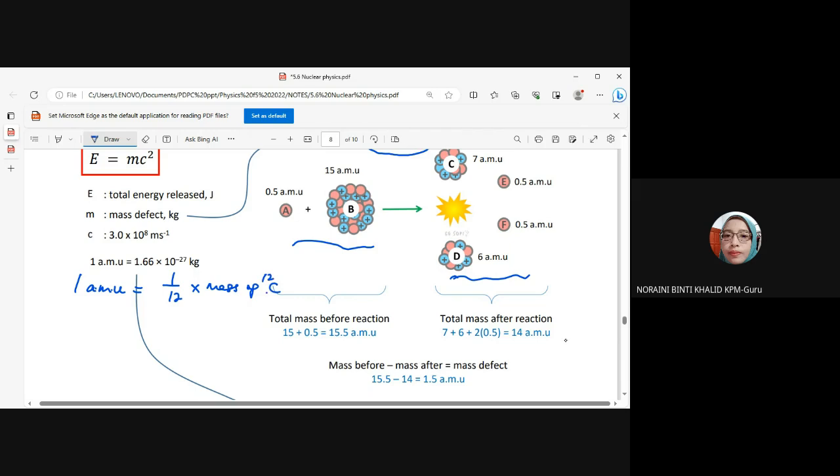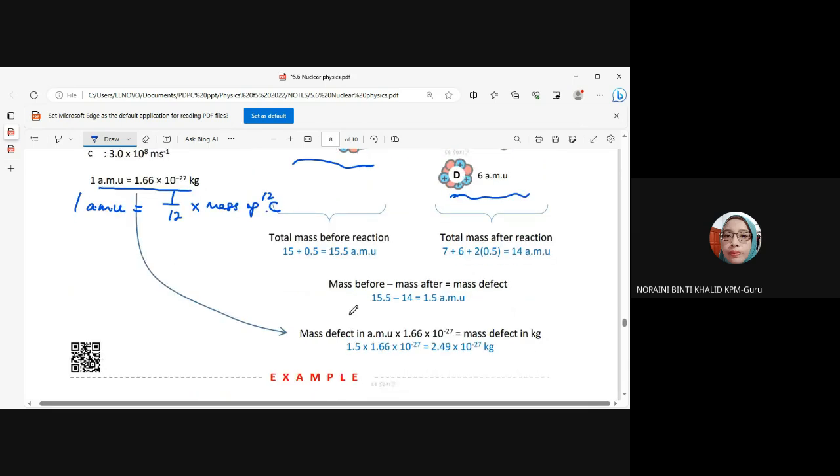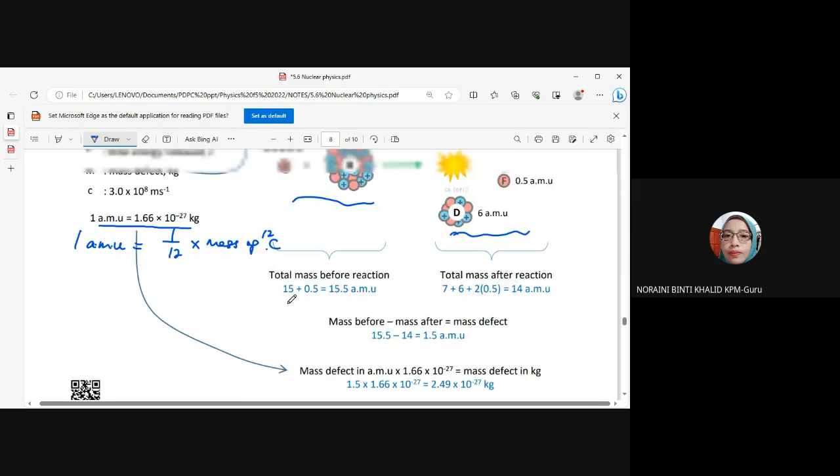Okay, jadi dia dapat 1.66 times 10 power negative 27 kg. Okay, ini value dia. Okay, nampak tak sini? AMU. Kalau tak, calculation you akan involve very large value, very small value like negative 27, negative 30. Okay, jadi kita guna itu.